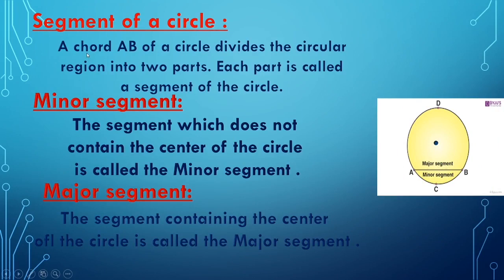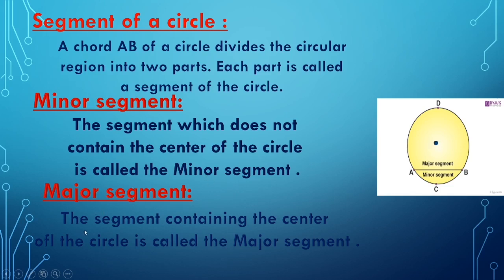Segment of a circle. A chord AB of a circle divides the circular region into 2 parts. Each part is called a segment of the circle. Here in the figure we can see the chord AB divides the circle into 2 parts. Each part is called a segment of the circle. Minor segment. The segment which does not contain the center of the circle is called the minor segment.